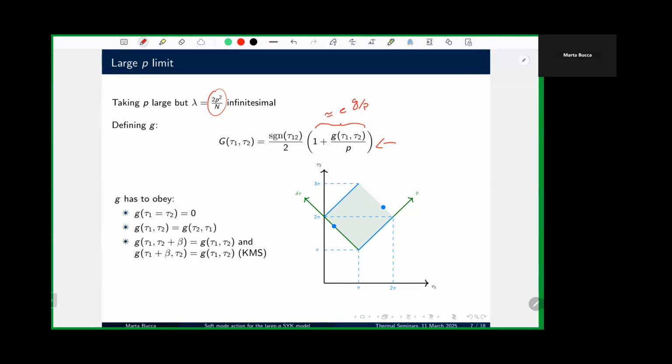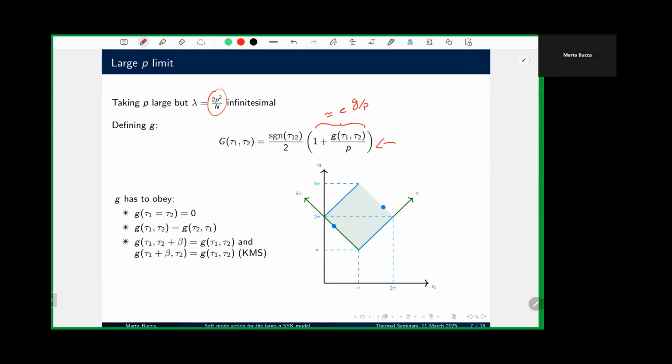So from this definition, there are a few conditions that we need to enforce on our small g. First of all, of course, the fermionic bilinear is antisymmetric, and so is the sine function. So as a result, we need to impose symmetry for small g: g of tau 1, tau 2 has to be equal to g of tau 2, tau 1.